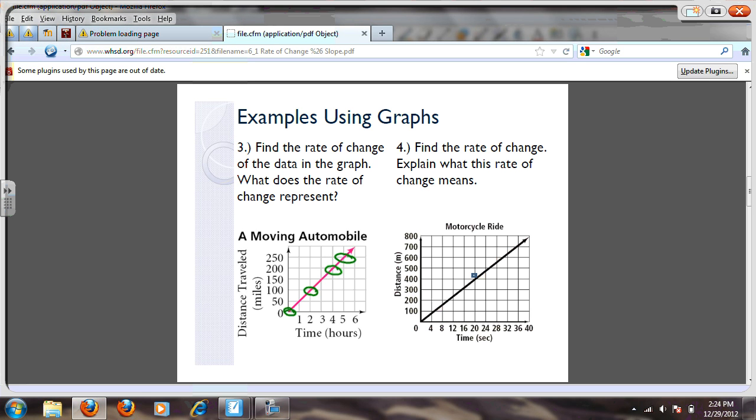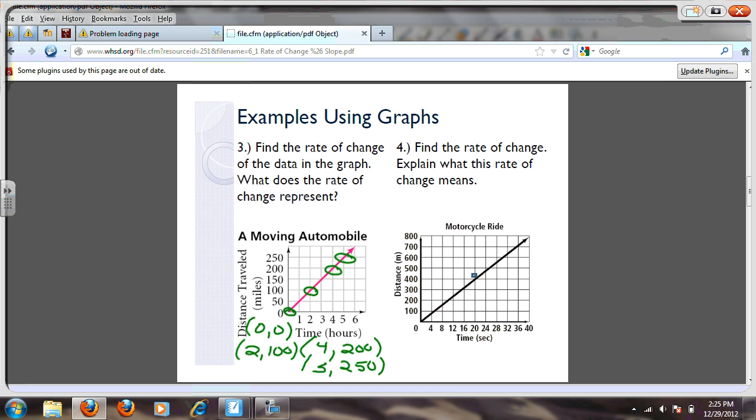We can use any of those. Here I have 0, 0. I have 2, 100. I have 4, 200. Or I have 5, 250.